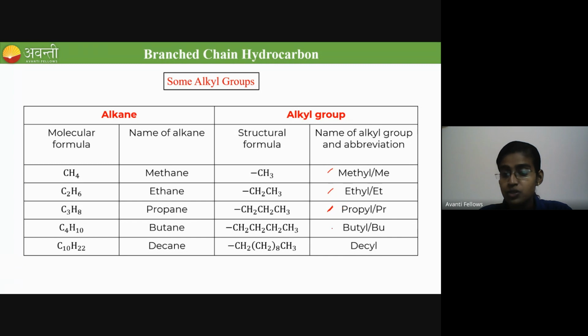Butyl also contains 4 alkyl groups. Propane contains 2 alkyl groups and butane contains 4 alkyl groups. Only one is shown to you on the screen. You tell me the other alkyl group which will be formed from propane. Any of you have any idea?